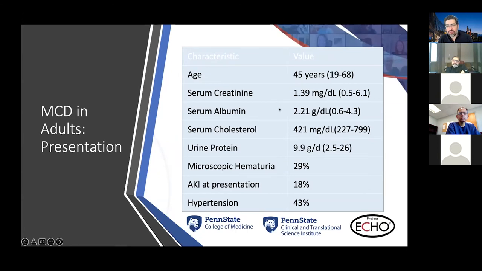Albumin is low, on average 2.2, cholesterol is high, and protein is about 9.9. About a quarter of patients may have microscopic hematuria. Contrary to the belief, hypertension is also seen in many of these adults.